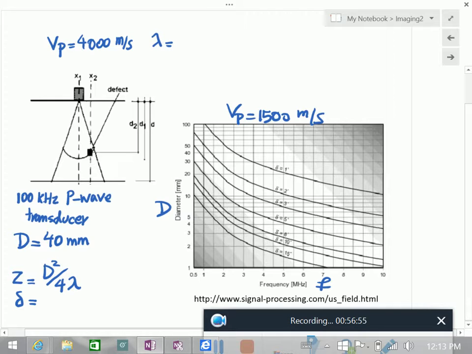Here we are not testing water; it's just concrete. So 4,000. Lambda is, who has the lambda? 4,000. Thank you. So we have 100 kilohertz.